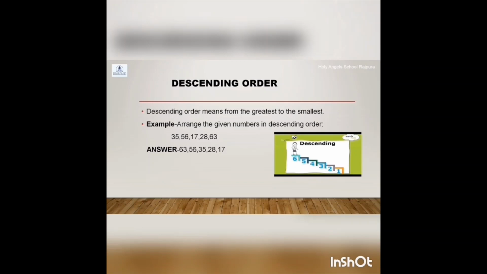Here, the greatest number is 63. So we will put a tick on 63 and write the number 63. The next number is 56. After that 35, then 28, then 17. So we will arrange the numbers from the greatest to the smallest.